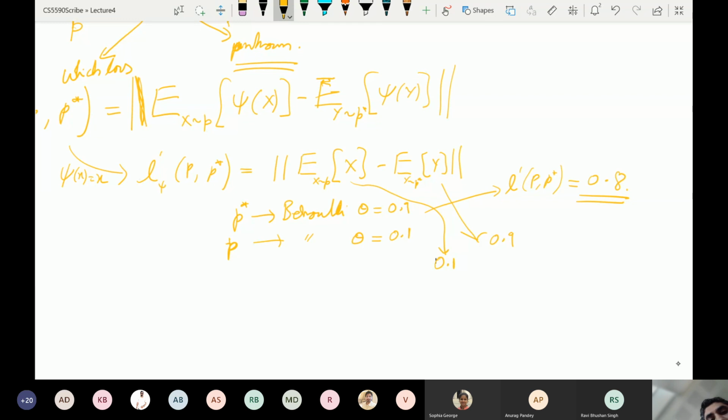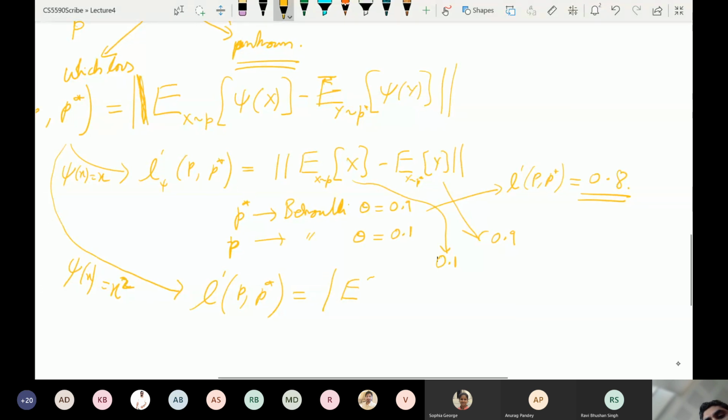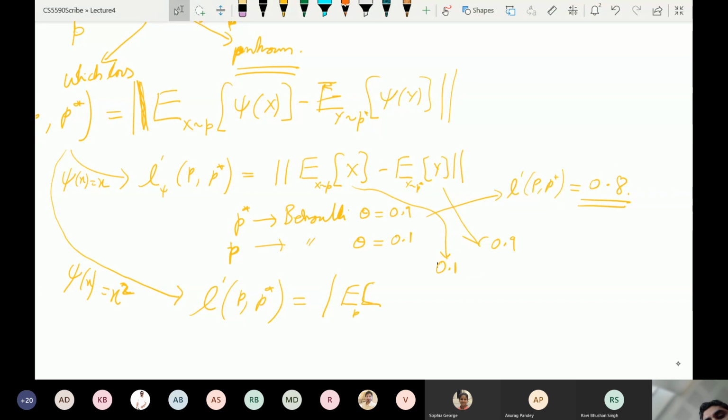Okay, so let me give you another example. Suppose my psi of x is x square. Now in that case, suppose I take the same distributions p and p star, right? Now what will this distance be? Again, the norm will be a modulus, and this is the expectation with respect to p of x square, right?